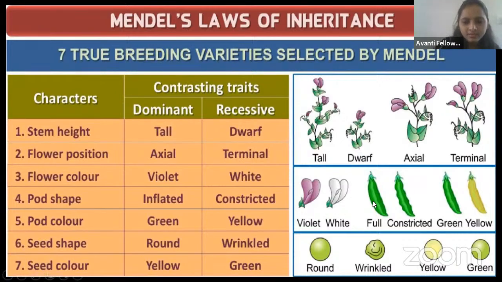Here you can see, this is inflated, and here you can see it is constricted. Then the pod color is green and yellow, and the seed shape is round and wrinkled, and the seed color is yellow and green. So these are all the characters he studied. Contrasting traits, not characters, traits. Okay, fine.